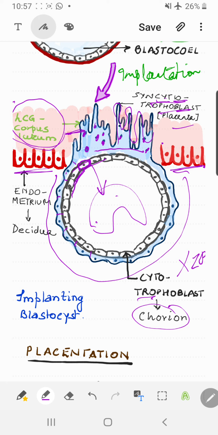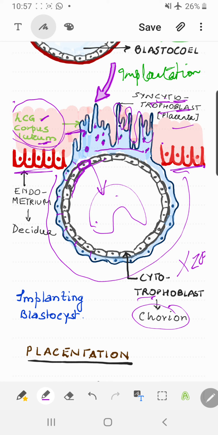It does two works basically. First, because fertilization is done, it ensures that the corpus luteum persists till 9 months and the progesterone level is maintained. These are the two functions of HCG, and HCG is a placental hormone.